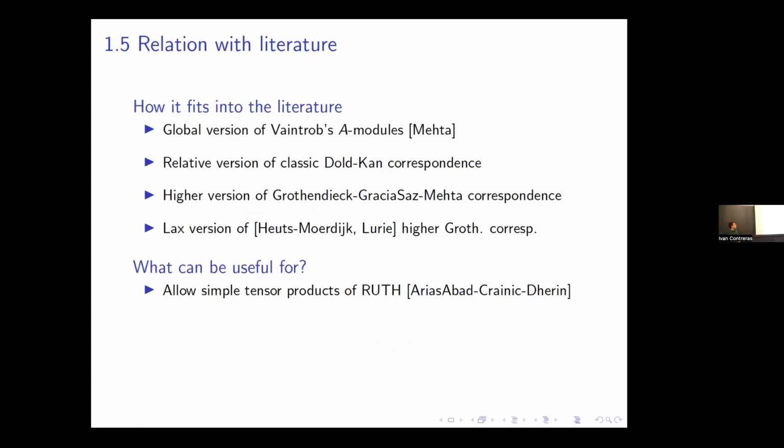What can it be useful for? Well, to allow simple tensor products of representations up to homotopy, because now that we don't work with coordinates, we can do the level-wise tensor product of vector bundles. It's going to be a simplicial vector bundle. It's something that has to be worked out yet.